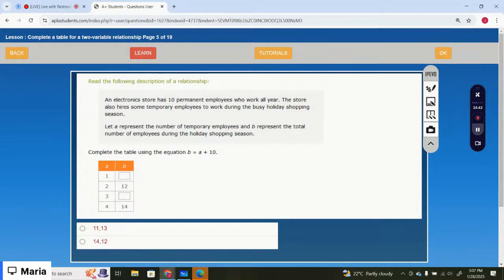Complete the table using the equation B equals A plus 10. So which is the correct option?